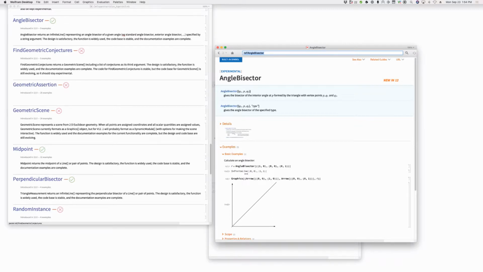It's really the only choice. Why isn't it a unit vector or something? We need it to represent the angle bisector inside a geometric scene. It jives better with the geometric scene where we can actually draw infinite lines, but we don't support vectors inside of geometric scene.